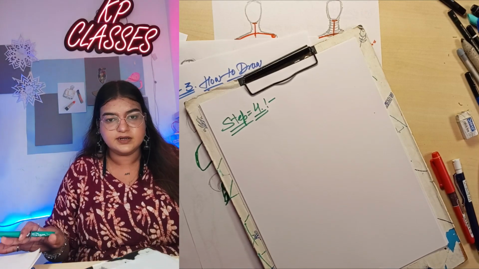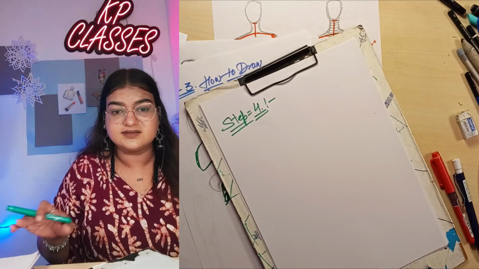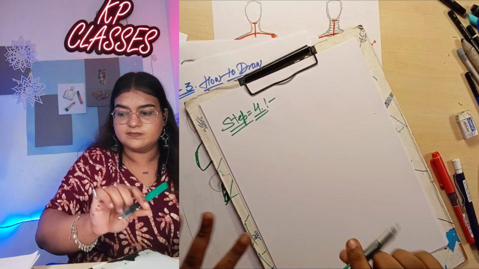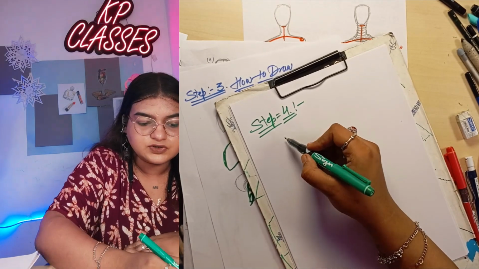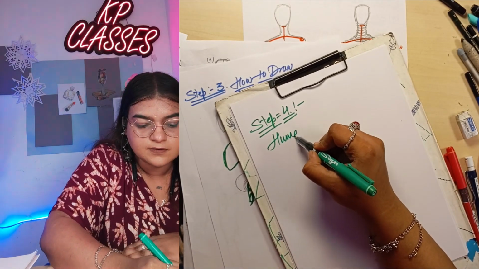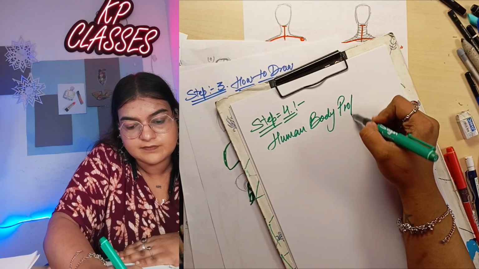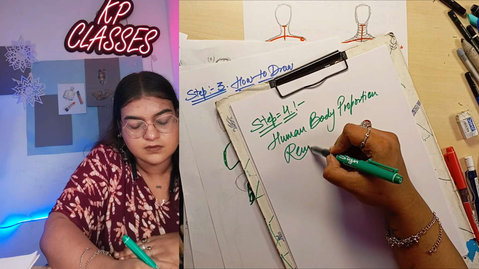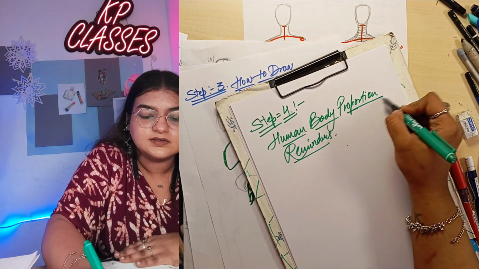Okay, I've drawn it, and we will get more into it by reading these chapters and why we are learning about it. Okay, so basically, the last pointer is human body proportion. Reminder. Okay.